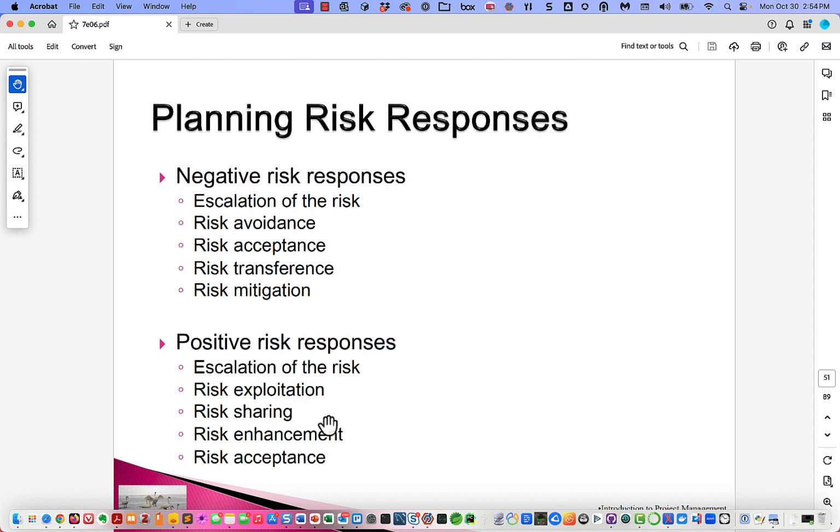Risk enhancement, that's kind of doubling down as well. And risk acceptance is, well, there's nothing we can do. We're just going to accept it. There's certainly a better discussion of this in the textbook, but some careful thinking about these things goes a long way.